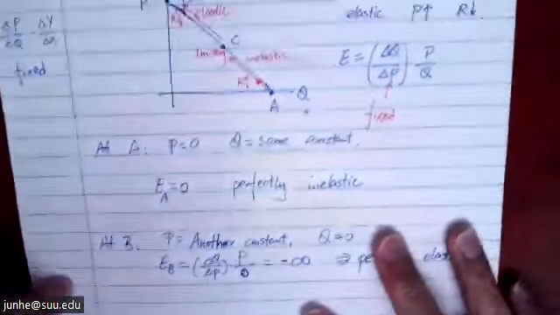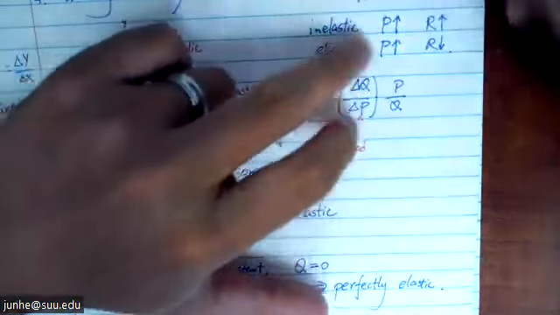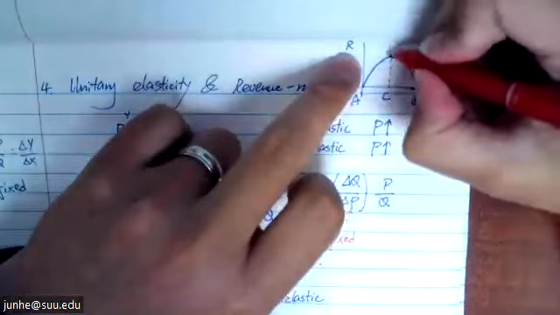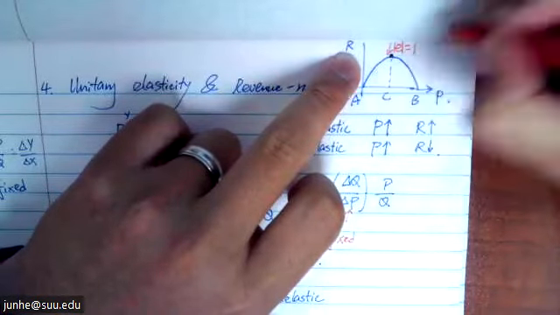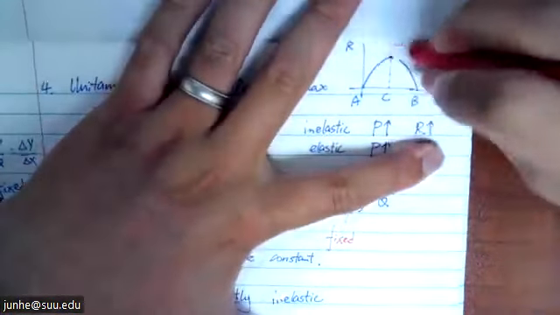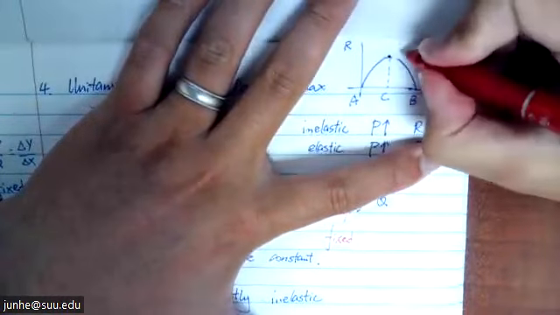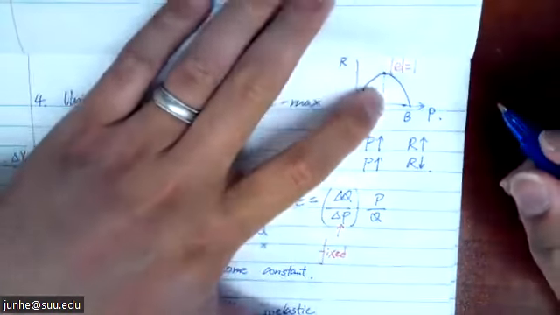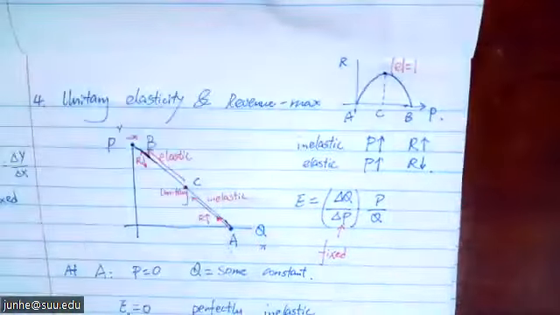That's why we are using unitary: point C is the watershed between elastic and inelastic, which is unitary elasticity. This watershed point is also the point where the revenue is maximized.